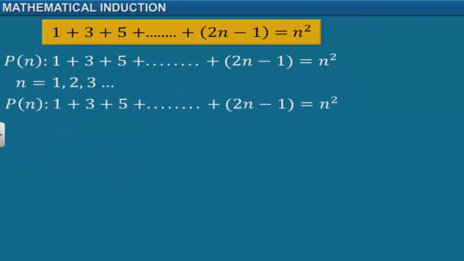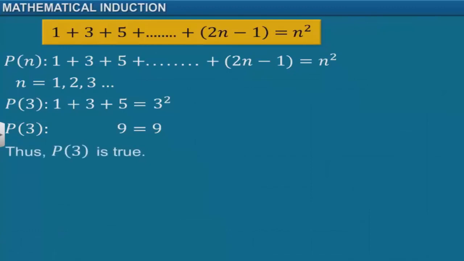Next, consider n equal to 3. That is, first three odd positive integers, 1, 3 and 5. The sum of the integers is 9, which is equal to the square of the number of terms. Thus, P of n is true for n equal to 3.